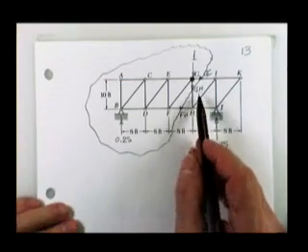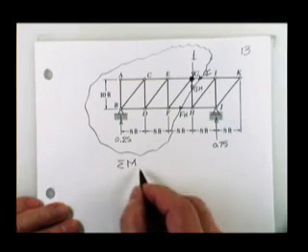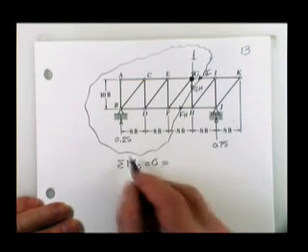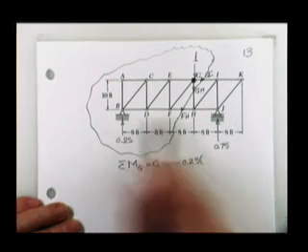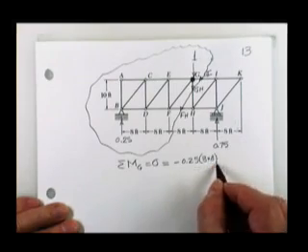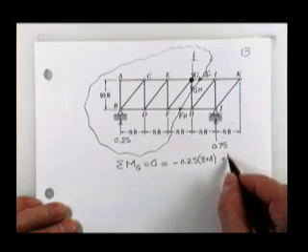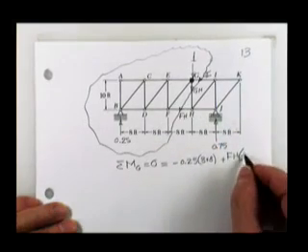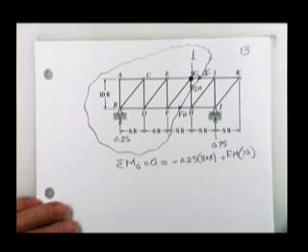Sum moments about point G is equal to 0 is equal to minus 0.25 times his moment arm, 3 times 8, plus FH times his moment arm, 10, and who knows. If it doesn't come out, I'll get it fixed before I come to class.